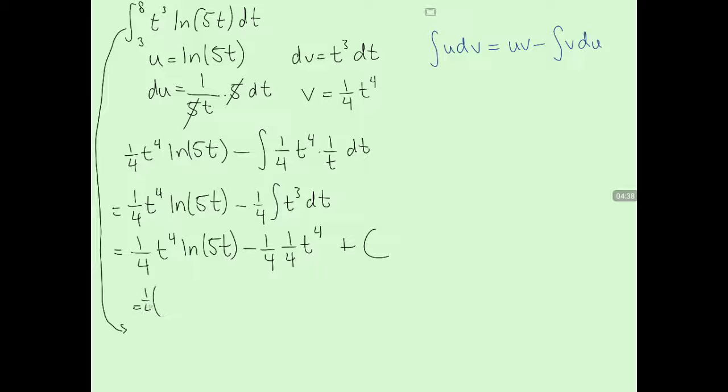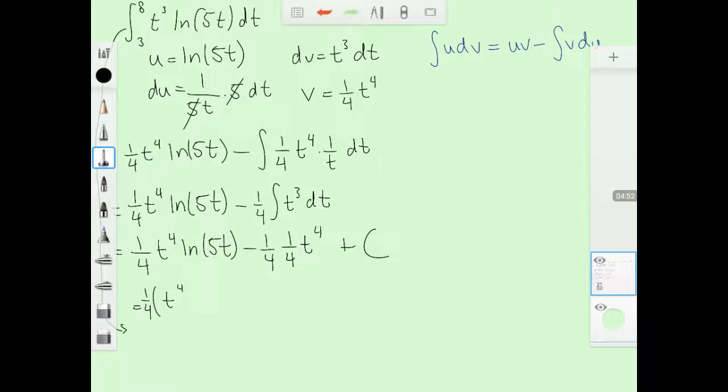1 over 4. So this term can stay on the outside if we distribute it through. So t to the fourth, that term will also be able to stay on the outside if we distribute it through.